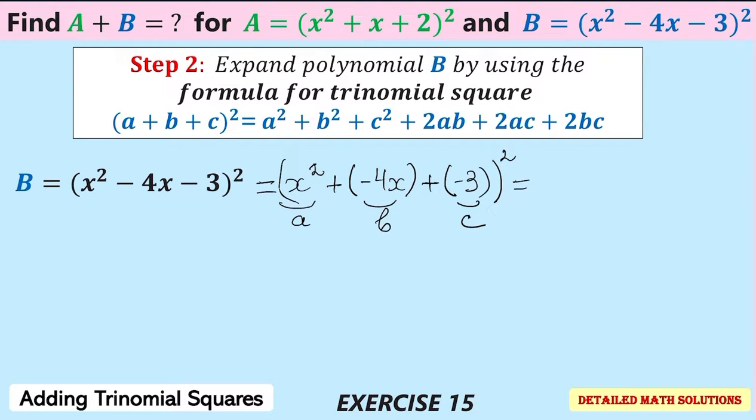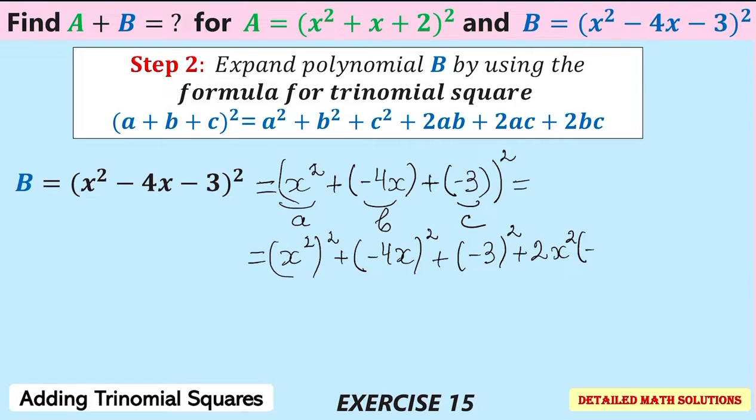And when I apply it, this equals (x squared) squared plus (negative 4x) to the power of 2 plus (negative 3) squared plus 2 times x squared multiplied by negative 4x plus 2 times x squared multiplied by negative 3, and then lastly plus 2 times negative 4x multiplied by negative 3.